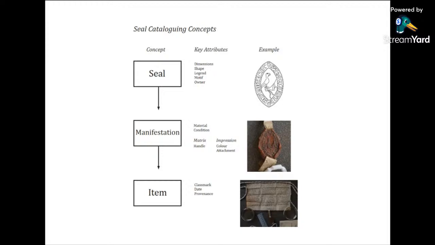This is distinguished from the impression of the seal matrix, which has a certain condition, and it forms part of an object, an item, something that's in a museum or an archive.